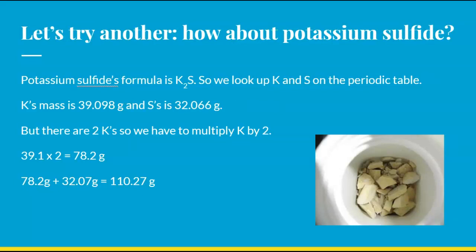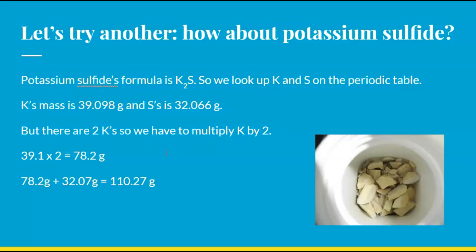What if we have potassium sulfide? Potassium is +1, sulfur is -2, so we need 2 potassiums to balance out that sulfur, so the formula is K2S. Again, we'll go to our periodic table and look up the masses: potassium's mass is 39.098, and sulfur's is 32.066.